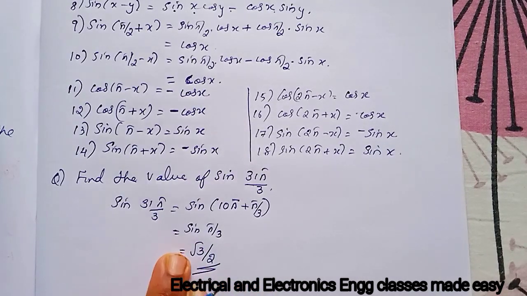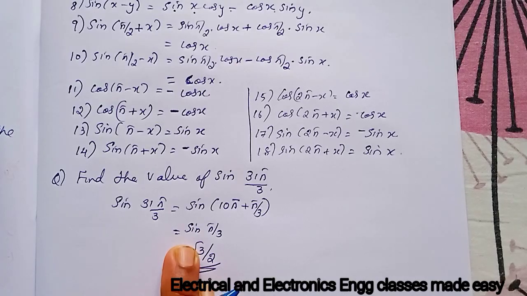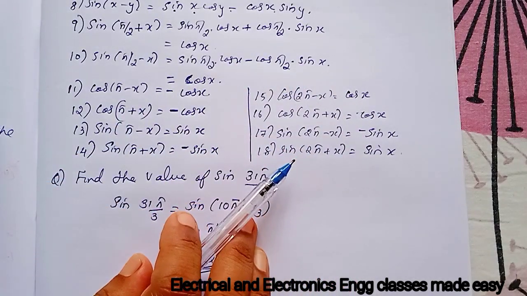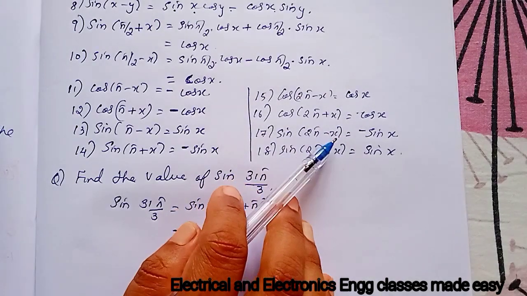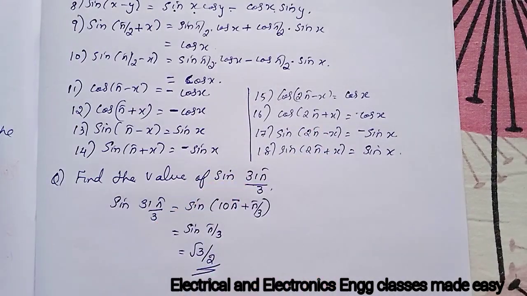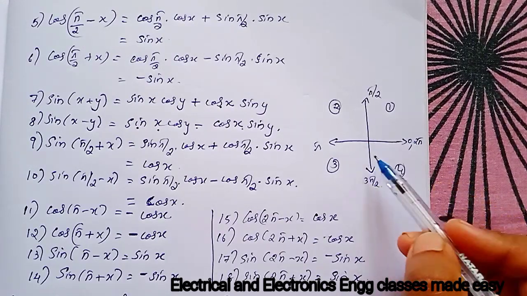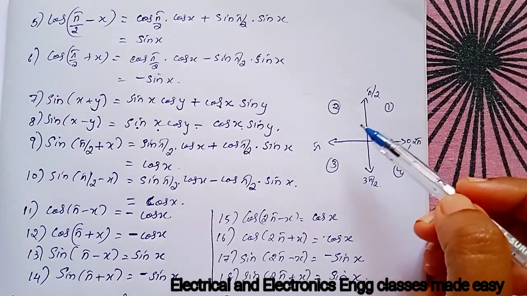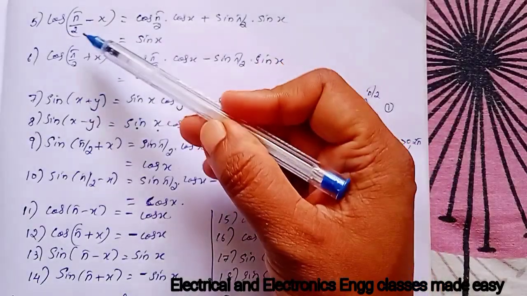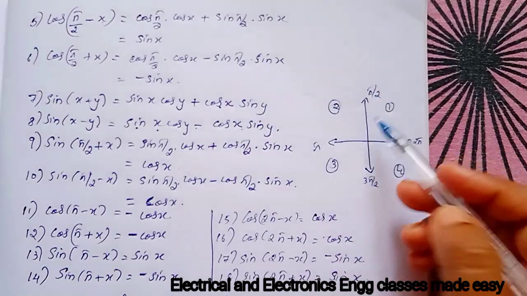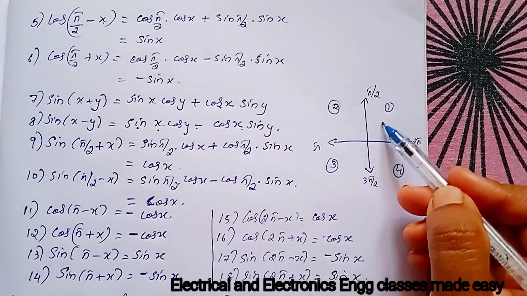In this way we can do the problems if we know the values of sine and cosine in each quadrant, and using the quadrants we can easily identify these values. That is cos(π/2 − x), where x lies in this region.